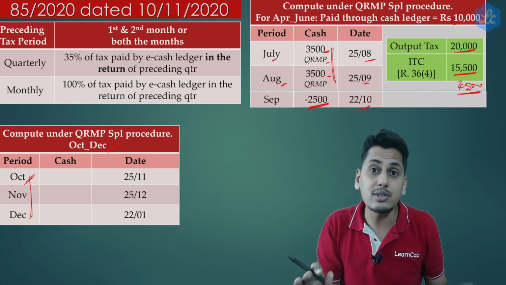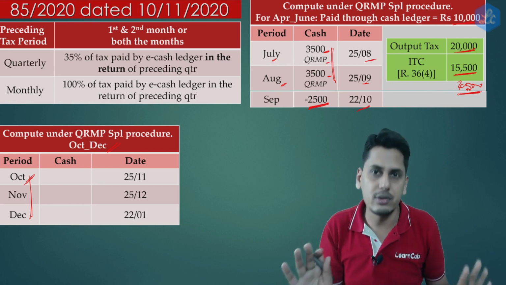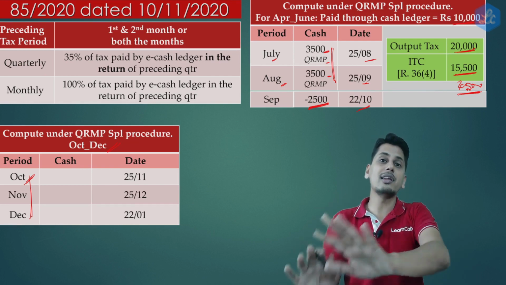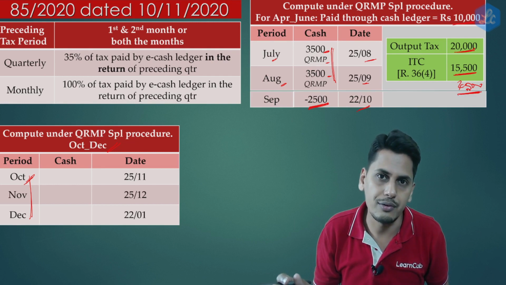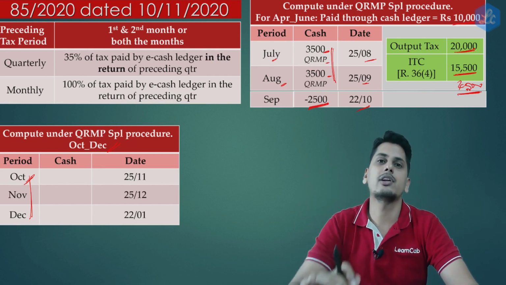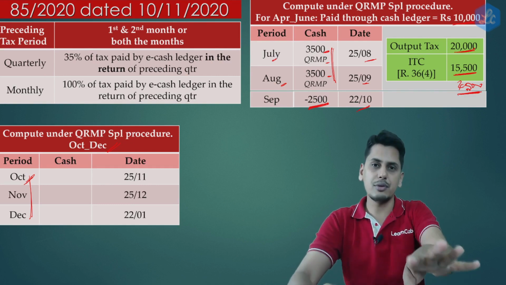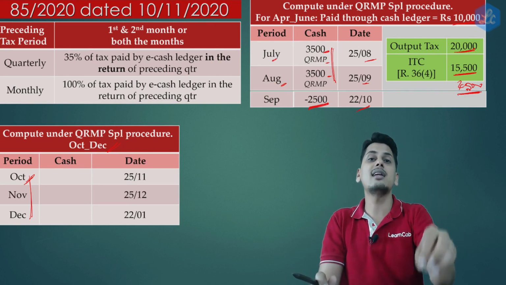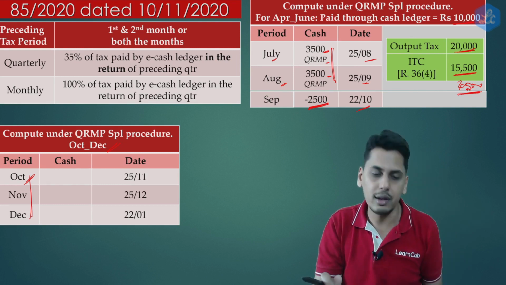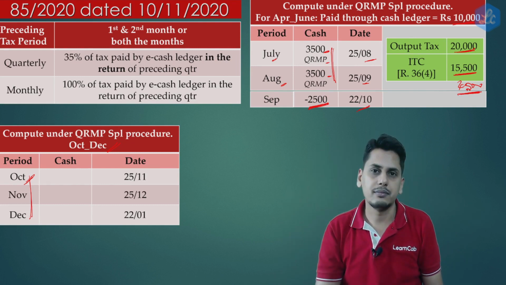But out of 7,000, how much gets debited? Only 4,500. What is remaining? 2,500. That you can apply for a refund. Yes, you are entitled to apply for a refund. But the question is, what is the amount which is paid by debiting the electronic cash ledger? It is only 4,500. The difference 2,500 is still lying as a credit in your electronic cash ledger, for which you are entitled for a refund after you file this return.